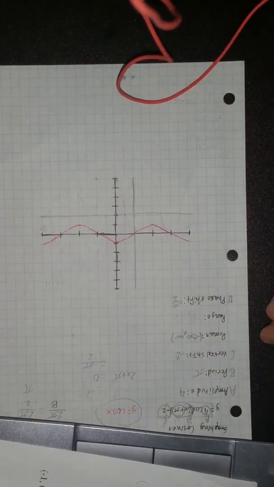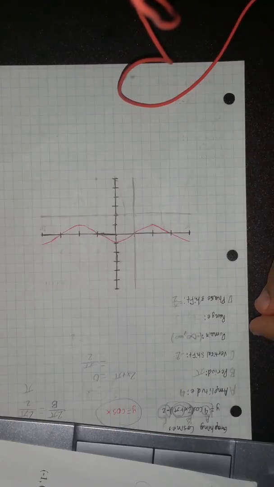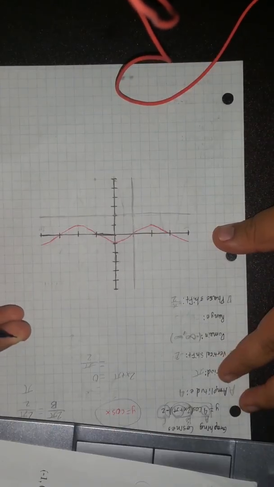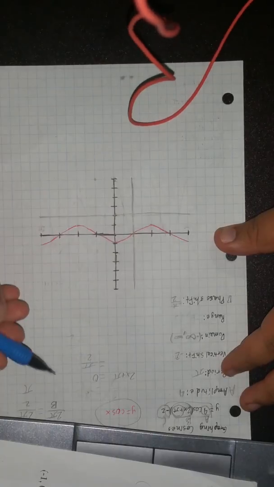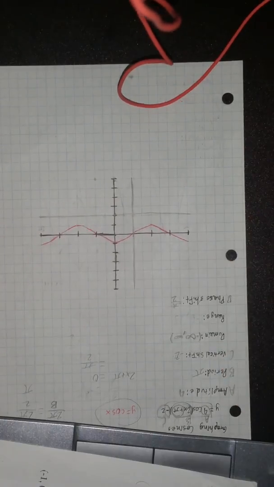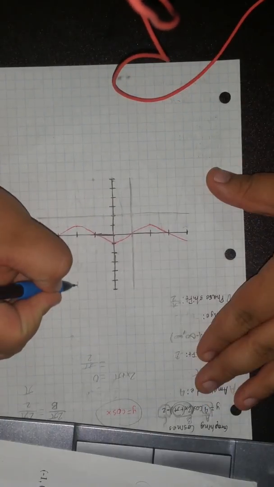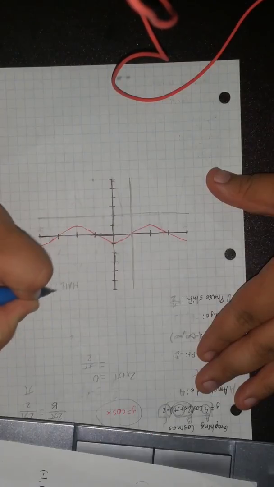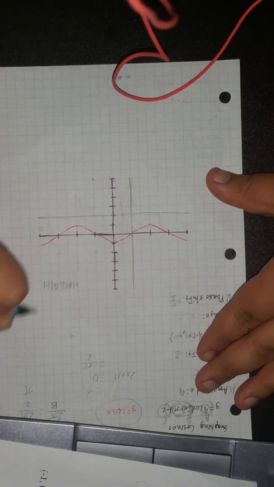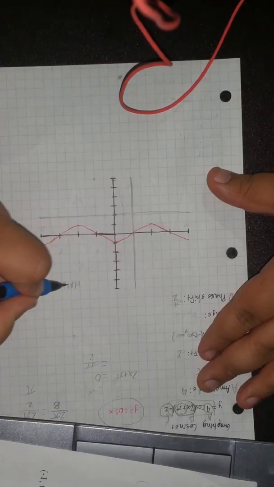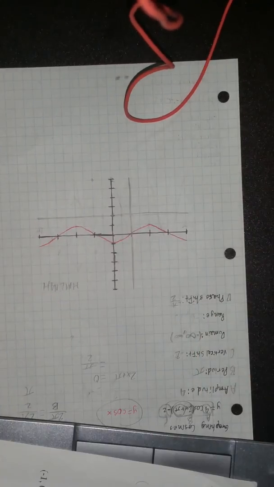Now, for your period, you normally go with a little trick that my teacher taught me. H, M, L, M, H, which basically stands for high, middle, low, middle, high for graphing cosines.